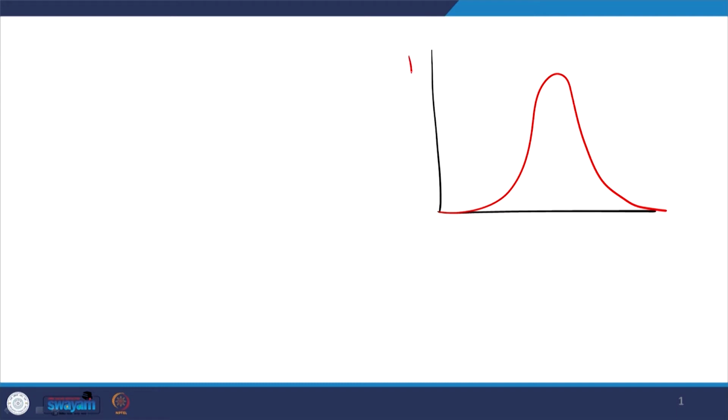So, if I look at the probability versus my f, my distribution will start to become more and more narrow as I increase n, n being the number of coin tosses.